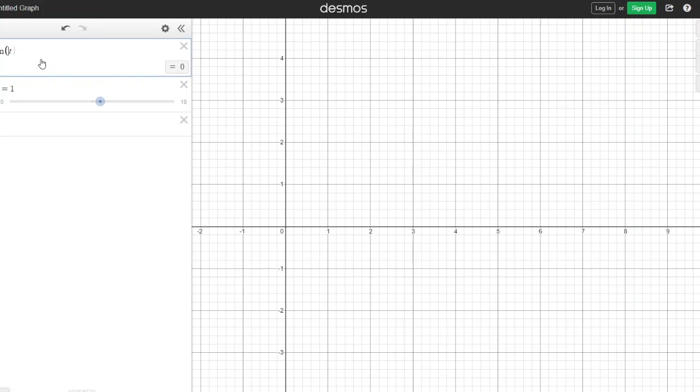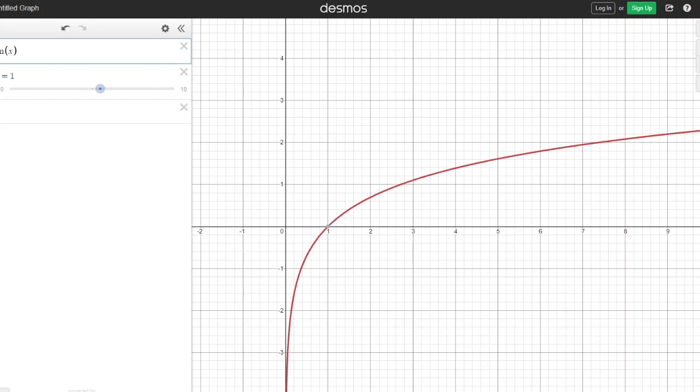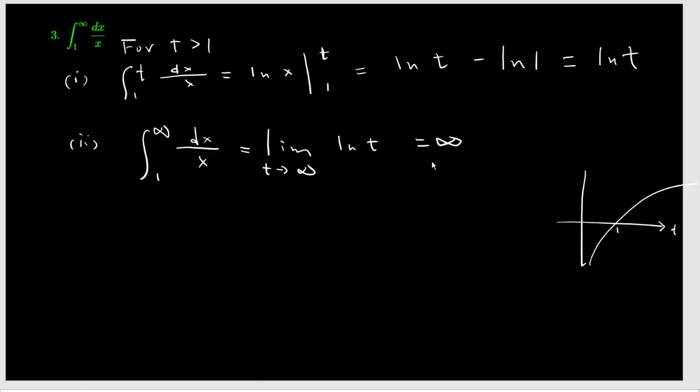As t gets larger and larger positive, natural log of t gets larger and larger positive. By that we mean as t approaches infinity, natural log of t approaches infinity. The limit of natural log of t is infinity.